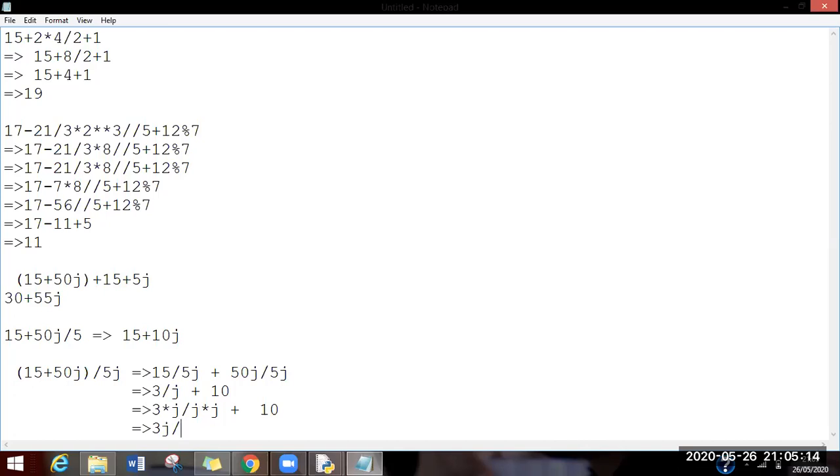The value of i square is -1, because imaginary numbers came into the concept because i was supposed to be under root -1, and we were not able to solve under root -1. So we came up with the concept of an imaginary number, something like under root -1. So when we do a square of under root -1, we will have just -1 left, and the 3j will now be divided by -1, plus 10.